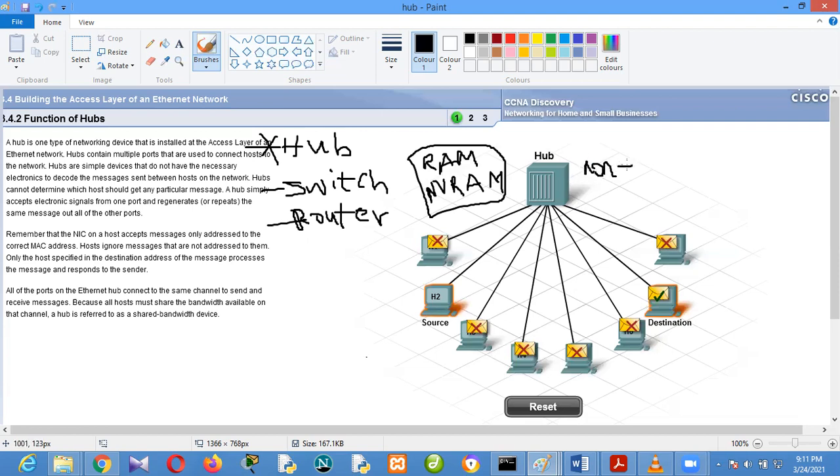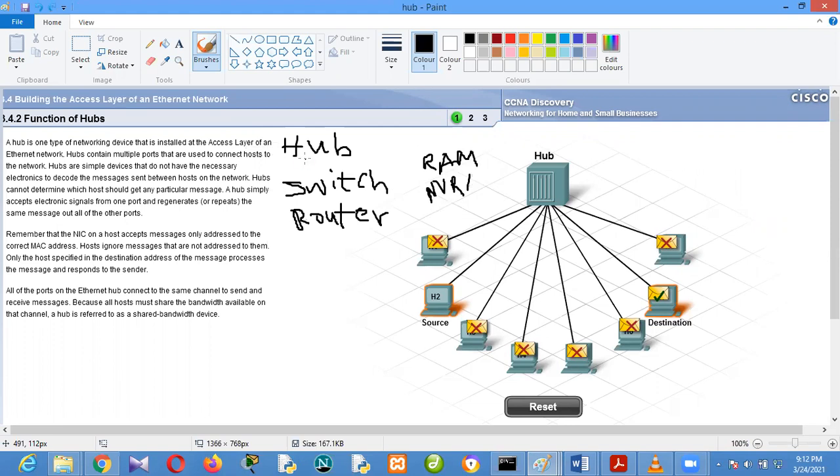So your work is saved here on non-volatile RAM. So switches have RAM and NVRAM. The same with routers, they have RAM and NVRAM, but hub does not have memory at all. That's number one.